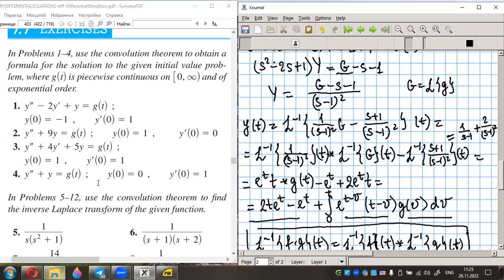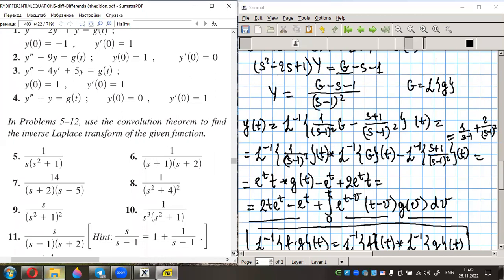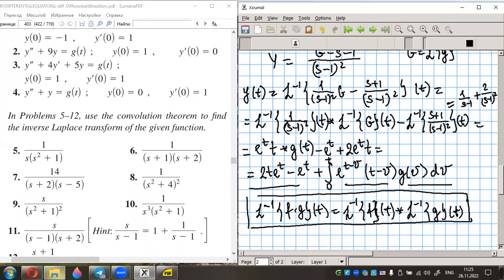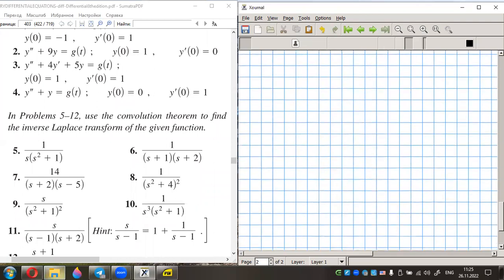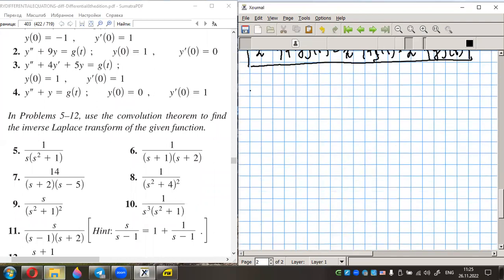Okay, next one, for example, number 9. Here we must use the convolution theorem. Okay, s over s squared plus 1 squared.